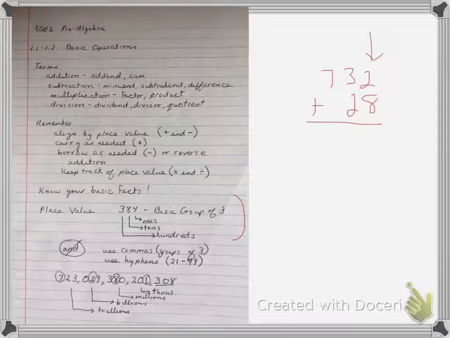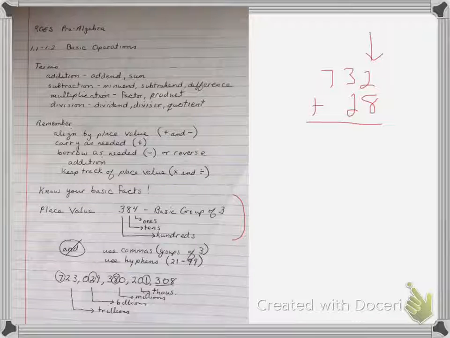A couple of rules when you're writing out numbers, especially if you're writing them in words, is you want to use commas. That would be true if you're writing digits or words. Use commas with every group of 3.